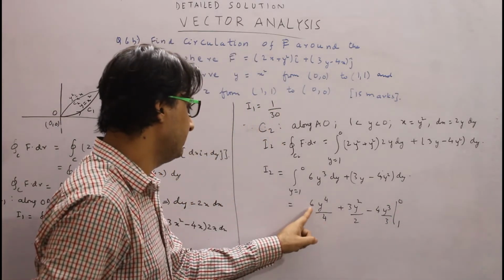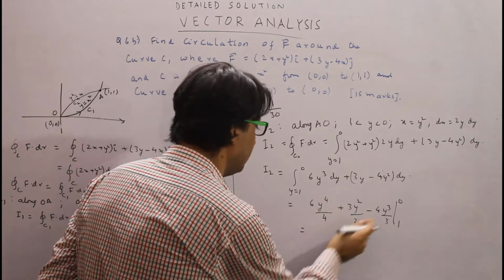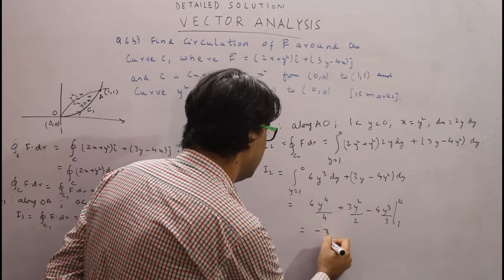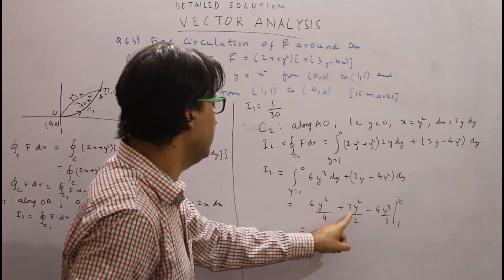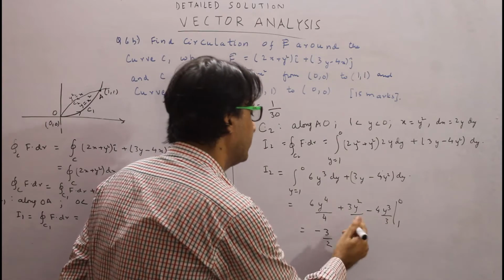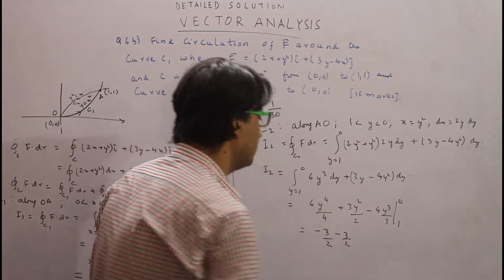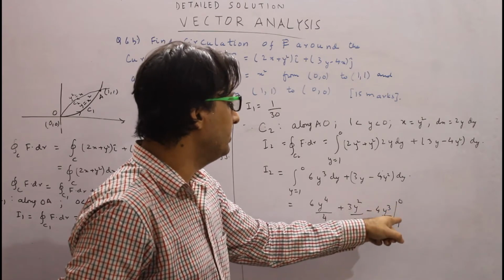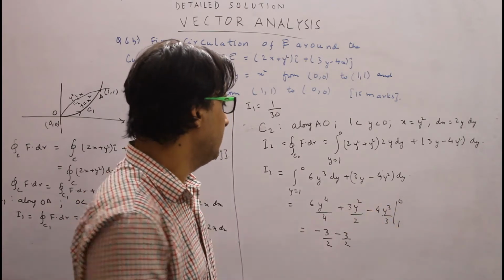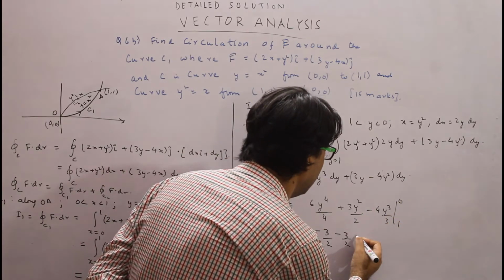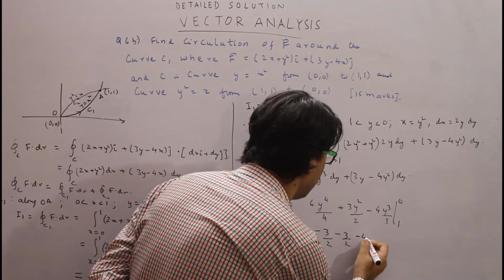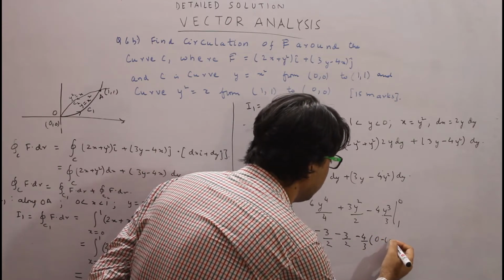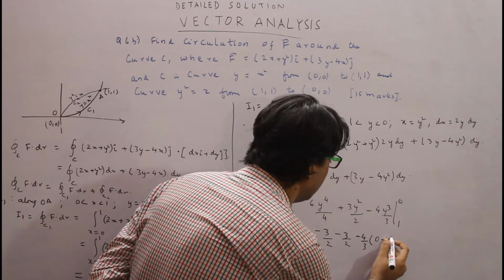So this is our 3 by 2. If you put the value 0, 0 minus 1, so this is minus of 3 by 2. Here also same thing will happen, 3 by 2, 0 minus 1 is minus, so this is again minus 3 by 2. But here 0 minus of minus 4 cube, minus becomes plus, this becomes minus 4 by 3, and here we are having 1 cube.